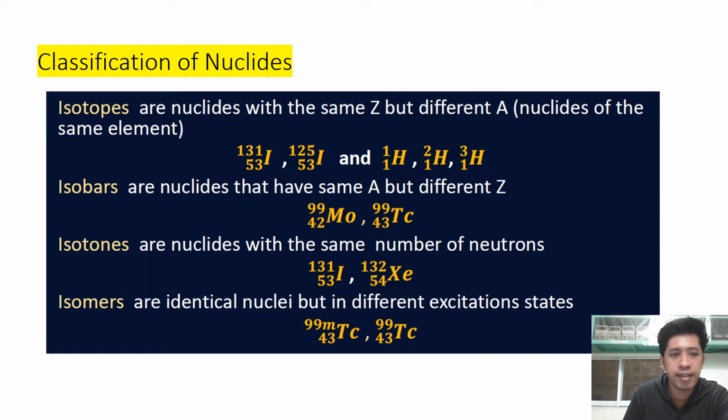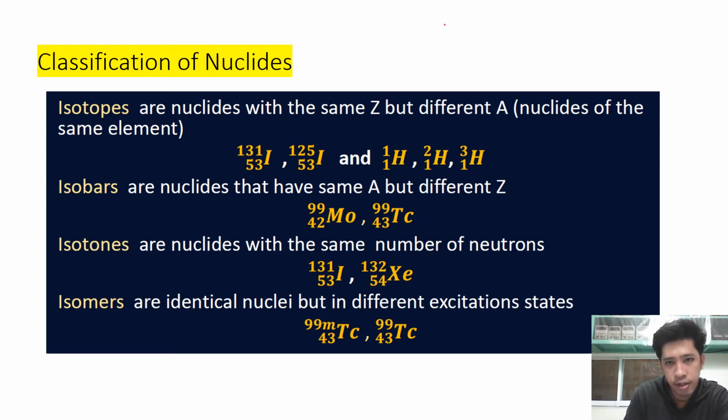Let's look at the classifications of nuclides. Isotopes are nuclides with the same Z but different A, or nuclides of the same element.